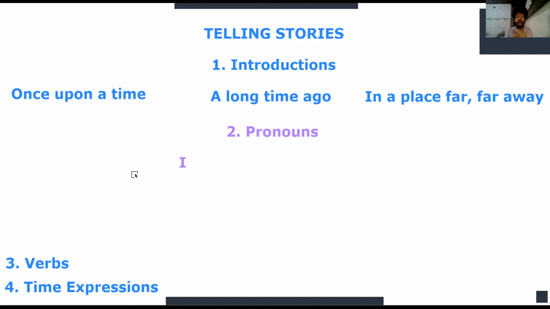You have the I. If I am telling the story, my central pronoun is the I. Once upon a time, I was walking on a bridge, etc. So this is one of the two most used pronouns as a central pronoun.